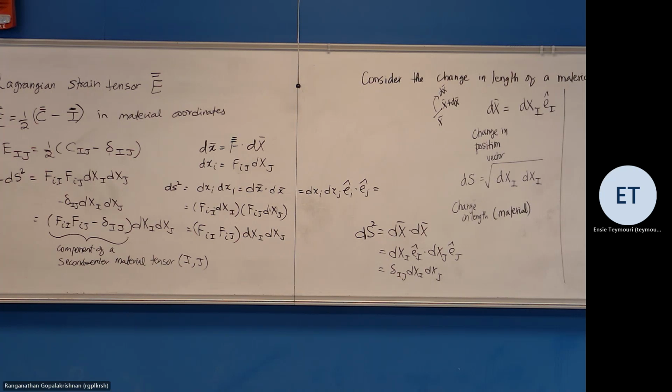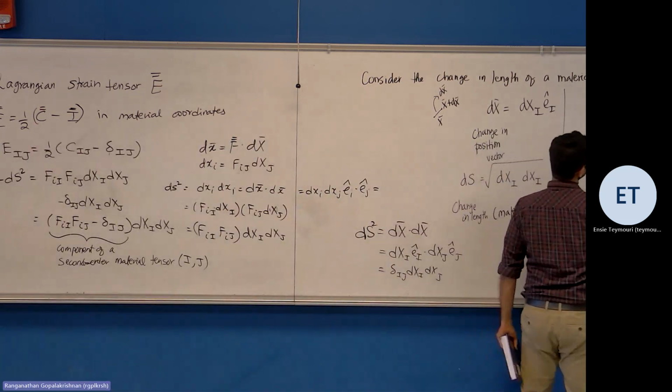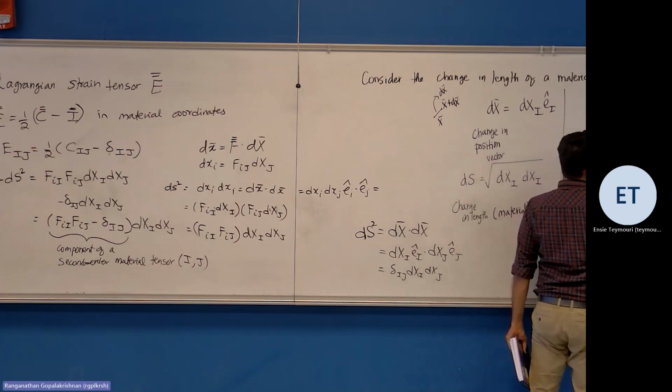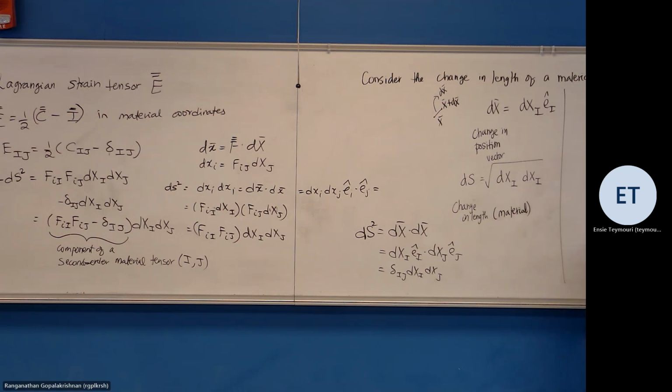Okay. So here the book introduces the definition E is equal to half C minus delta. What I first want us to do is to show, you call this Eij.